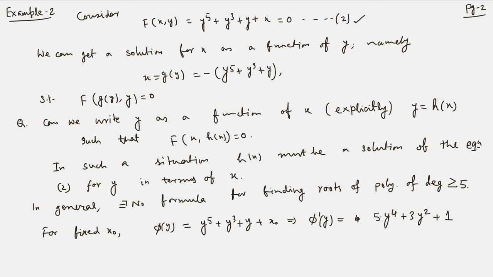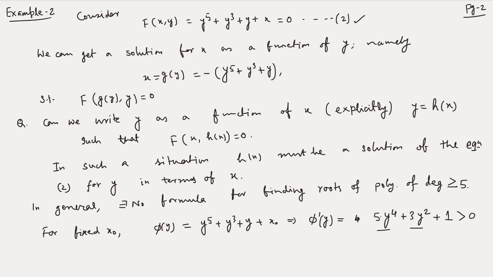So for every real number y, the first term is greater than or equal to 0, and the second term is also greater than or equal to 0, and the third term is 1. So this is always greater than or equal to 1, and so this is always strictly greater than 0.